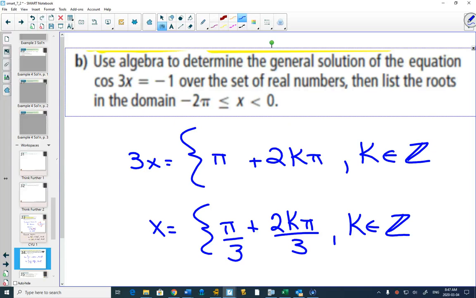If you have this as your answer and you want it in this domain, can you see that that's once around in the negative direction? If k is 0, the answer is pi over 3. That's not in our domain. The first solution would be when k is -1.